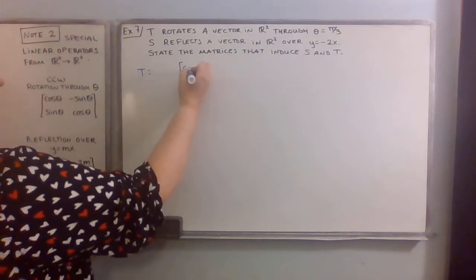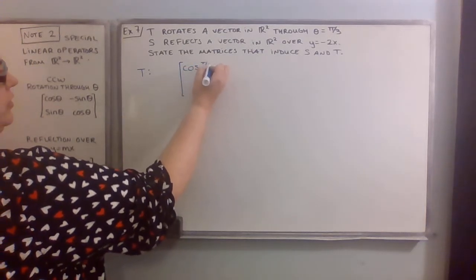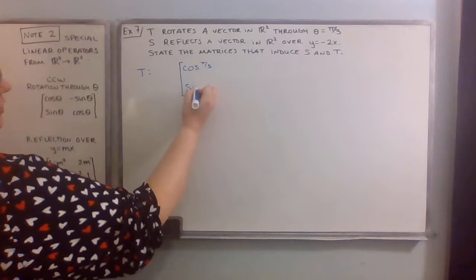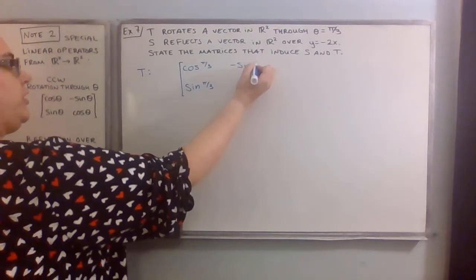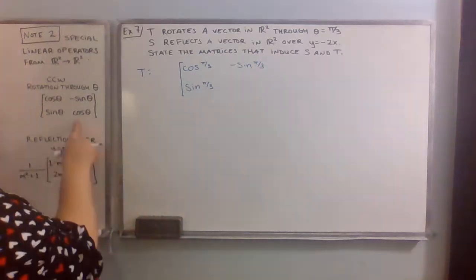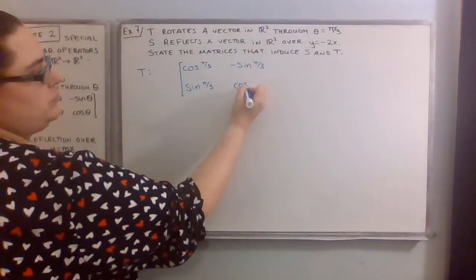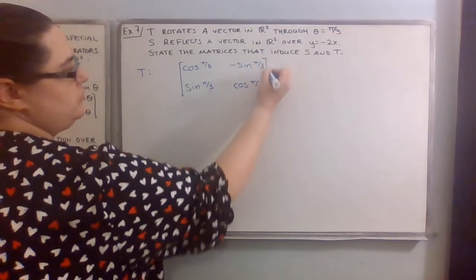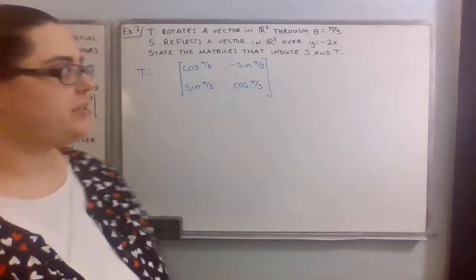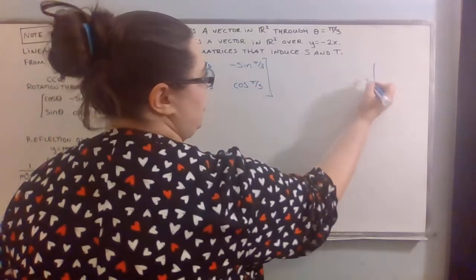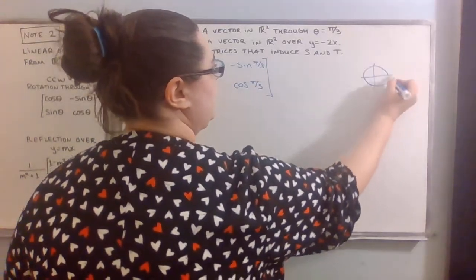So we're going to have cosine of pi over 3 and sine of pi over 3, negative sine of pi over 3, and then cosine of pi over 3. Now, pi thirds is one of those angles we're supposed to know. It always helps me to draw a little mini unit circle for reference.